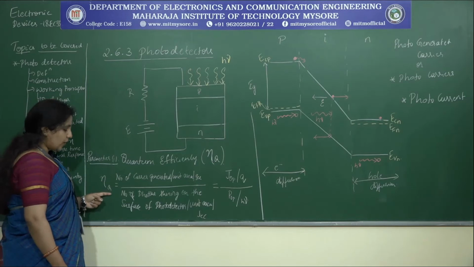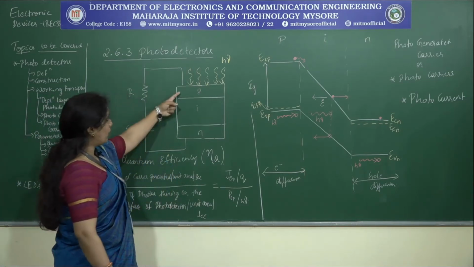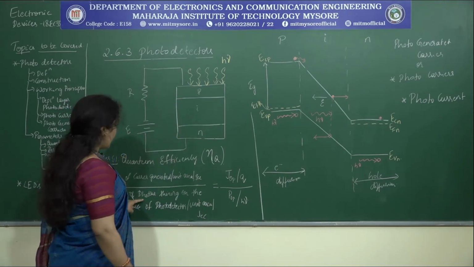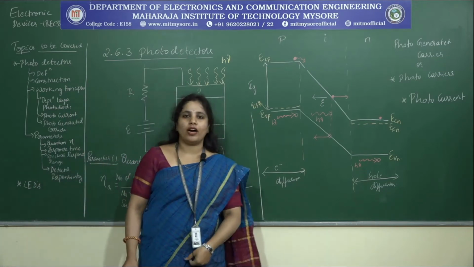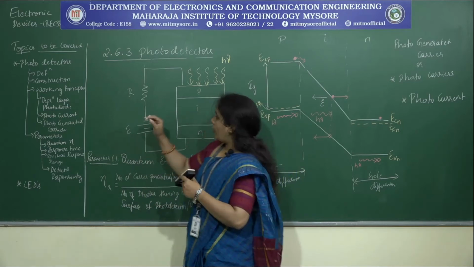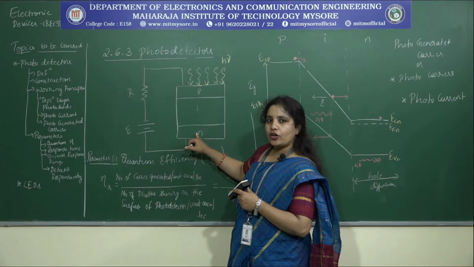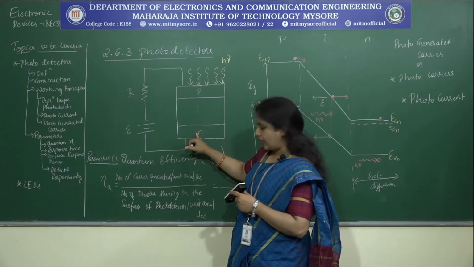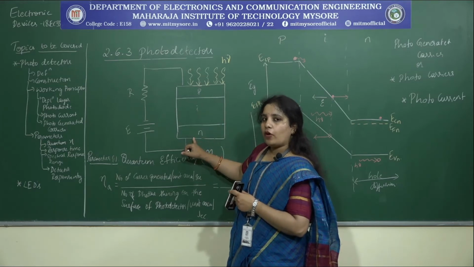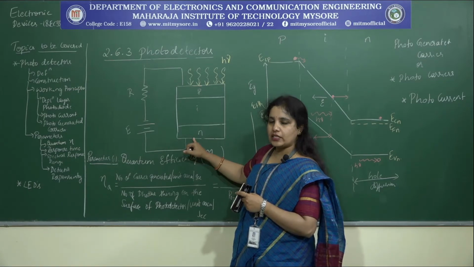Now, what is the maximum value of this quantum efficiency for a pin diode? For a pin diode, this quantum efficiency can reach up to a value of 1. Now, whatever pin diode I have, I need to understand whether it can absorb or detect light energy of low intensity.